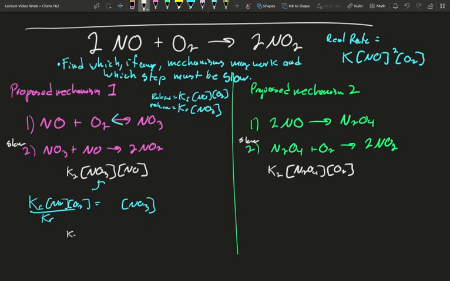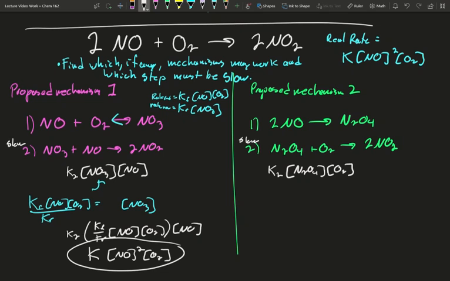Which means k2 times kf over kr, [NO][O2], all times [NO], which was still there from the outside. This is going to give us a combined k, [NO]^2 and [O2]. That works.